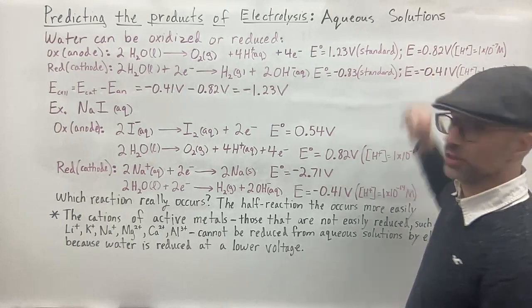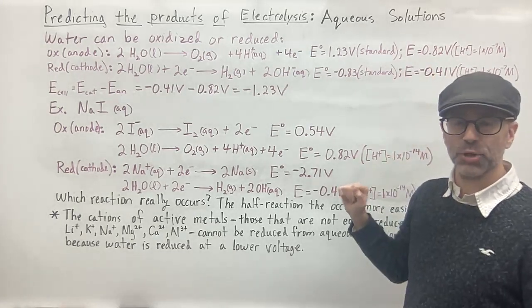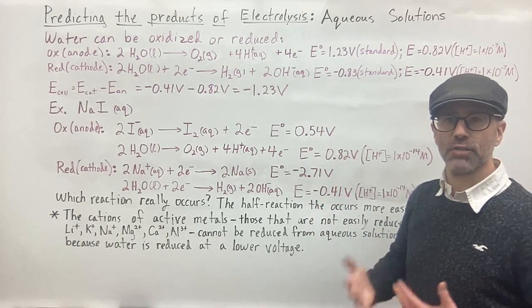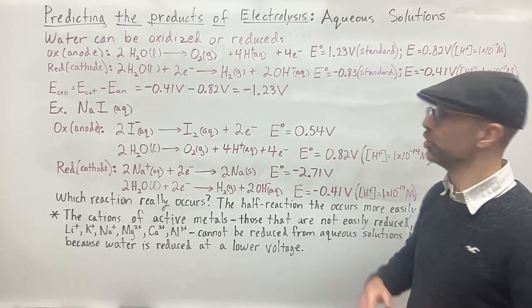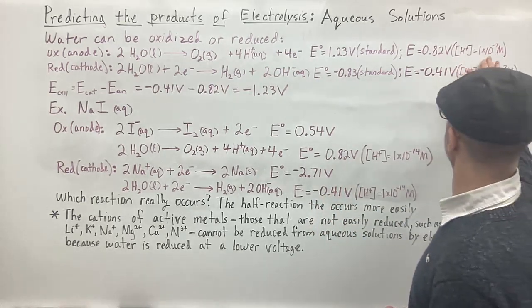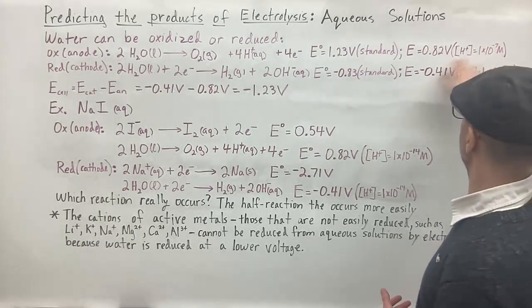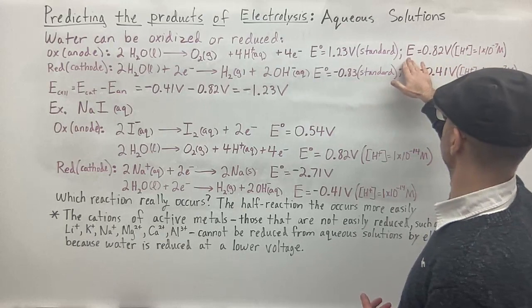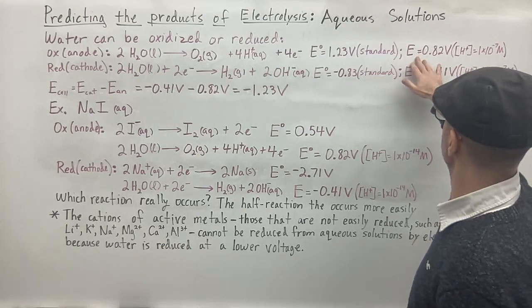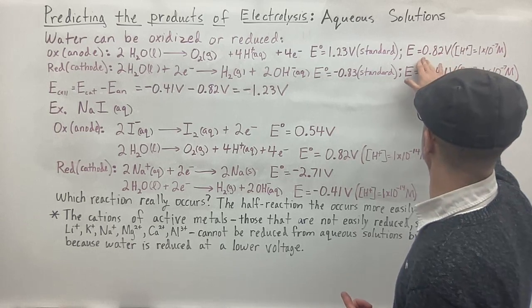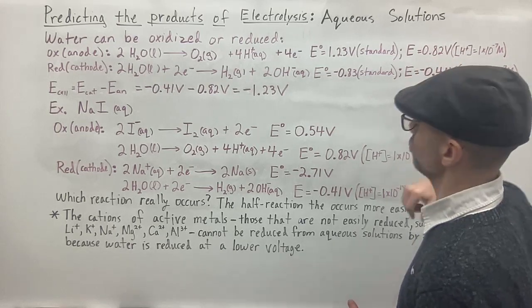But since water is not really under standard conditions, if you're talking about the amount of H plus in water, that's going to be 1 times 10 to the negative 7 molar for pure water. So that is not going to be standard. So the non-standard electrode potential for the oxidation of water at the anode is going to be 0.82 volts.